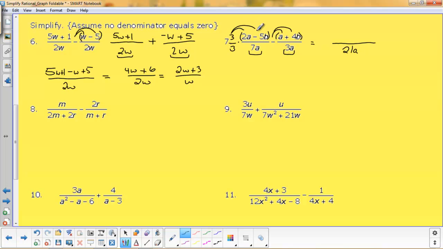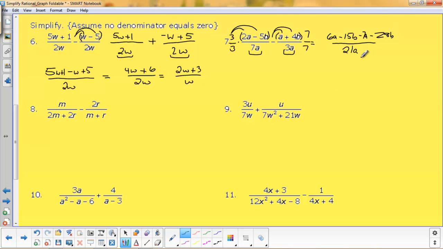And so my first fraction becomes 6a minus 15b. Now, what number does it take to turn 3a into 21a? That number is 7. So I'm going to be multiplying this numerator by 7. Remember, it's a negative, so that's minus 7a and minus 28b.